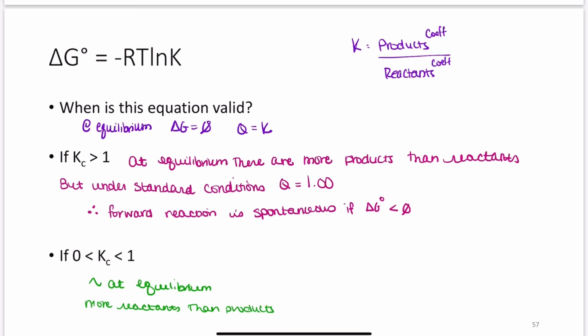And under standard conditions, Q is still equal to 1, though. And it will be spontaneous again only if delta G is less than 0. If delta G is greater than 0, it is non-spontaneous as written, meaning that the reverse reaction is spontaneous.